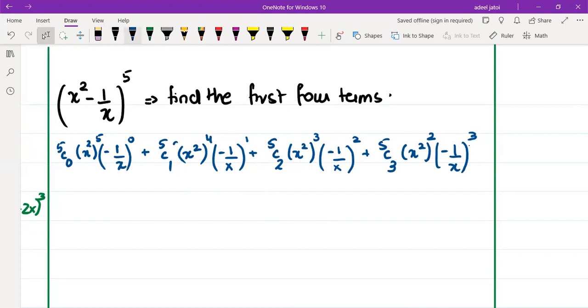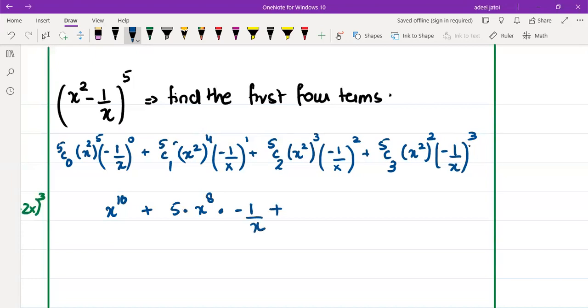So if we just solve this, 5C0 is 1. So this should be x^10, because (−1/x)^0 will also be 1. This will be 5C1, which is 5, right? When I use the dot sign, that shows that it is multiplied. And this is x^8 multiplied by −1/x.